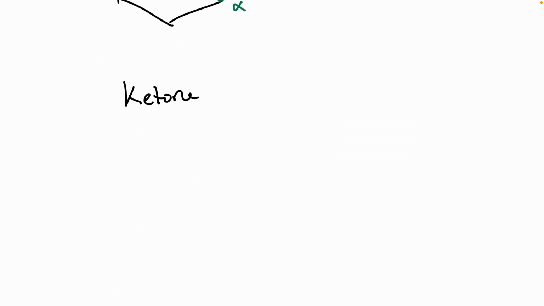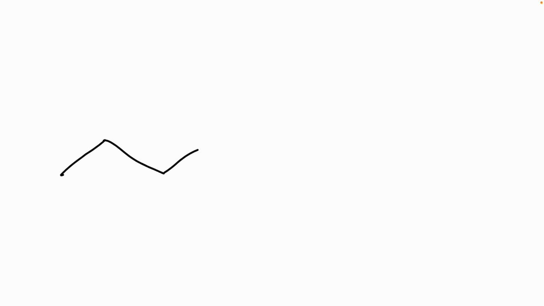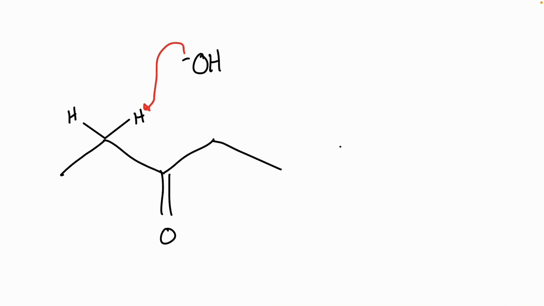So first of all, let's just do that real quick. Let's do that exact same example again. Here's my ketone. It's got these alpha hydrogens. If I have a base coming along, we'll just use the classic base here, a hydroxide, that base is going to be able to steal that proton, pluck it right off of there.